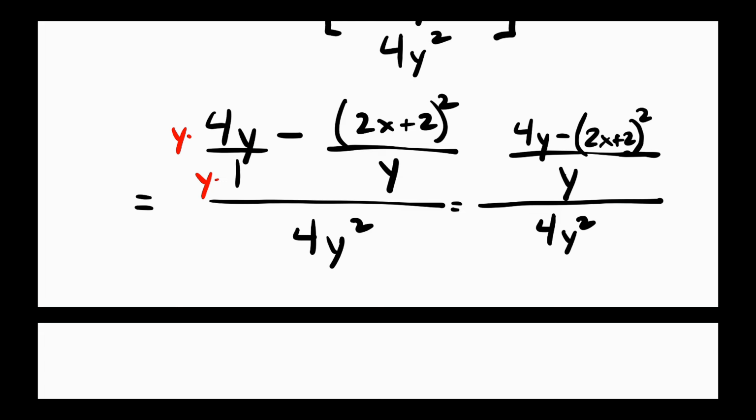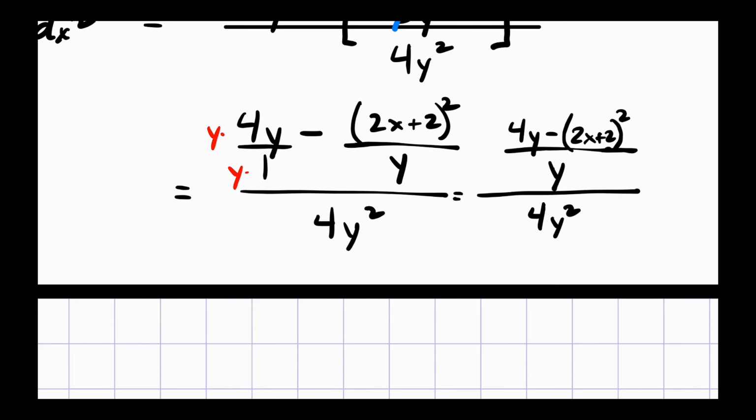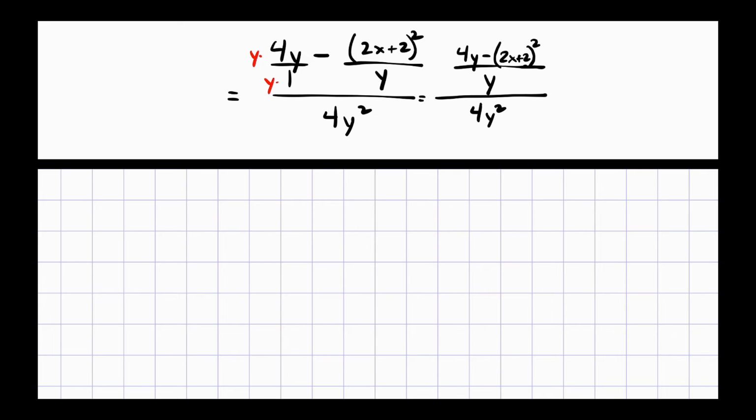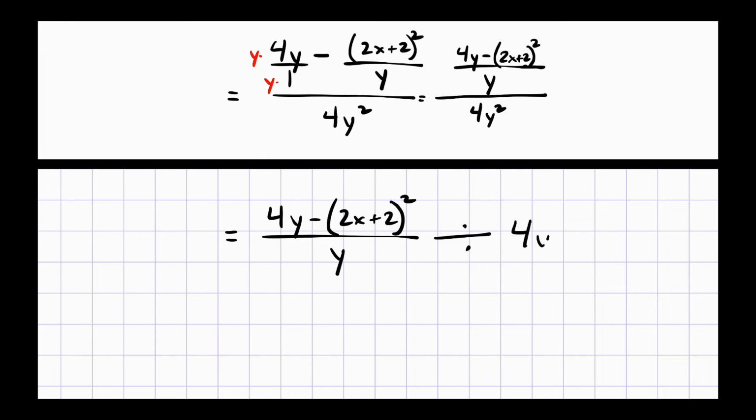So now what I can do is multiply by the reciprocal of the second, or keep, change, flip. I have 4y minus 2x plus 2 squared over y, divided by 4y squared.